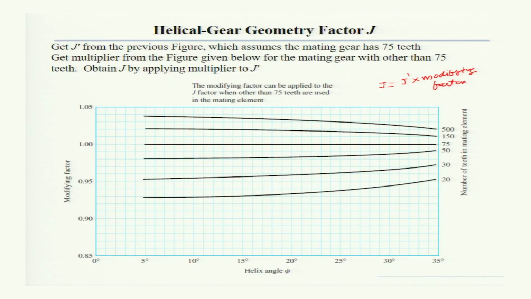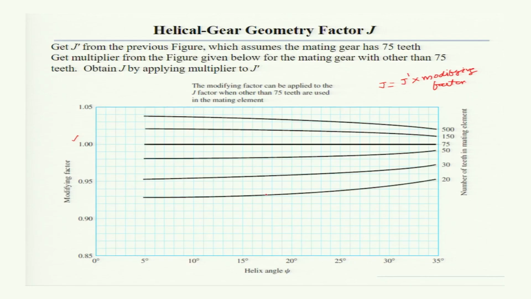In the J dash modifying factor figure, the horizontal axis is the number of teeth in the mating gear element. If the mating gear has 75 teeth, then the modifying factor is 1, so J equals J dash.